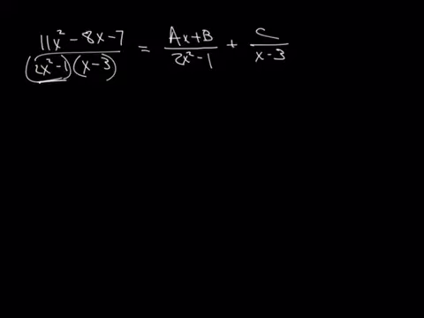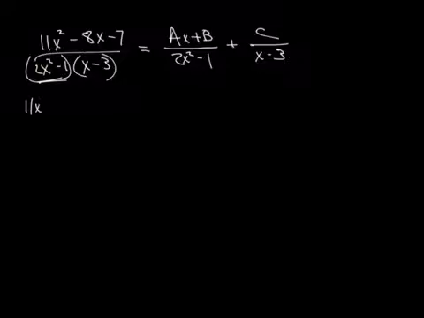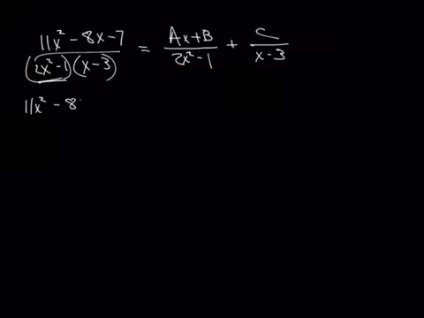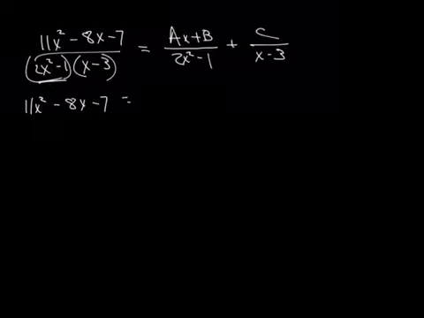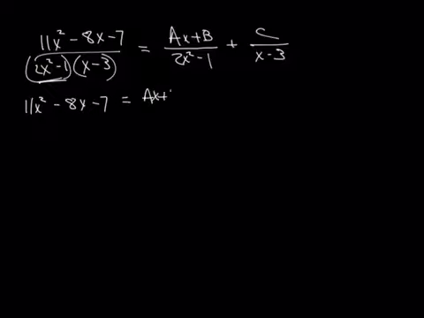So I'm going to assume that you found common denominators and your numerators is all you're concerned about. And we get ax plus b times x minus 3 plus c times 2x squared minus 1.